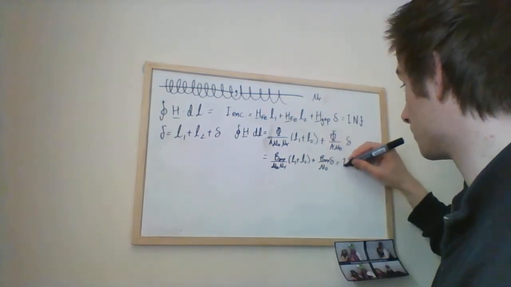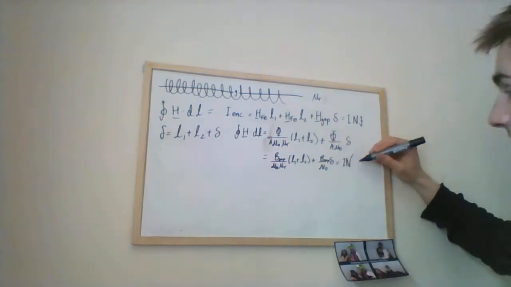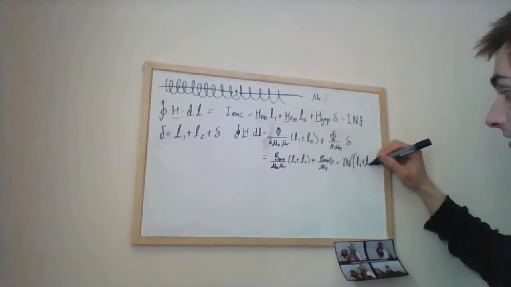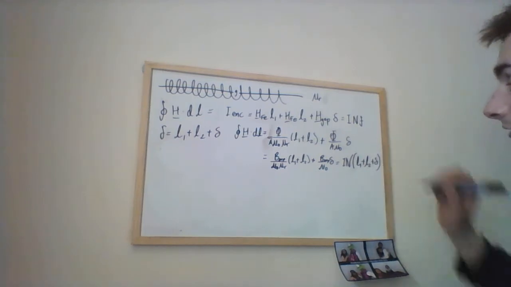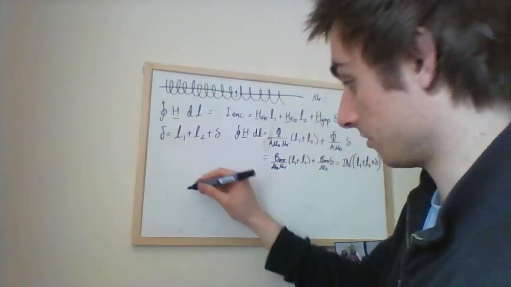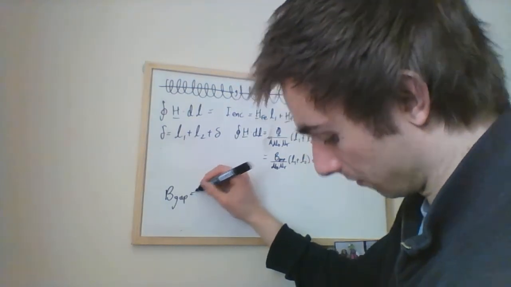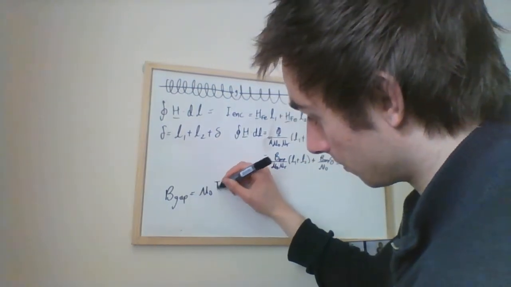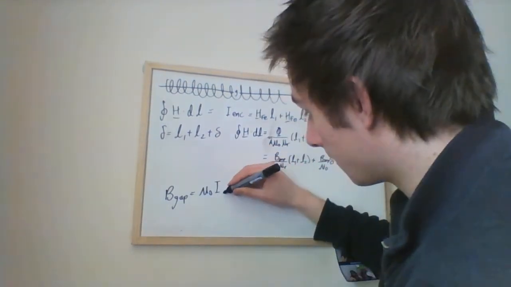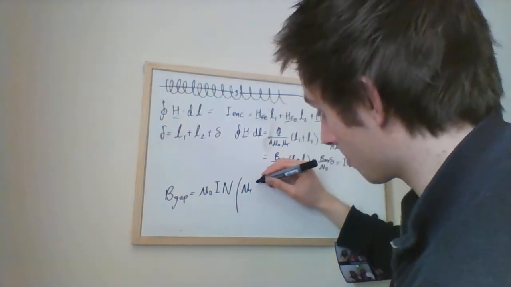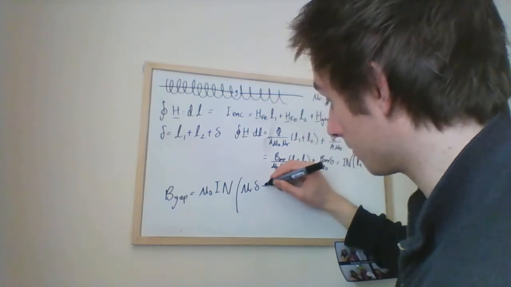We also know this is equal to I n multiplied by f, which is this, L1 plus L2 plus delta. With a bit of swapping around, you should come up with the expression the field through the gap is equal to mu naught I n d.